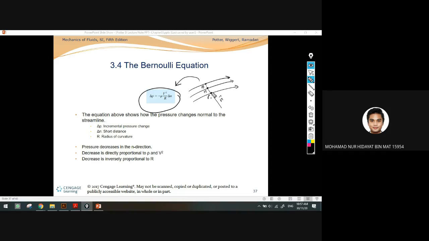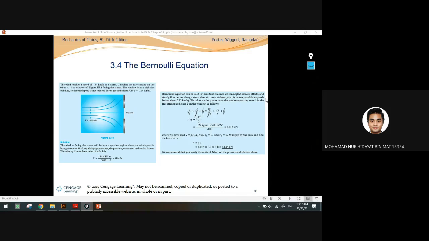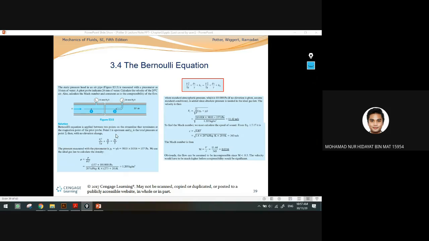The more the length here, the more the pressure will decrease based on this relationship. So this is how they use the equation to solve this. Later on, I will show you an example.